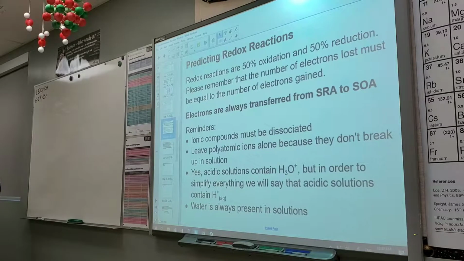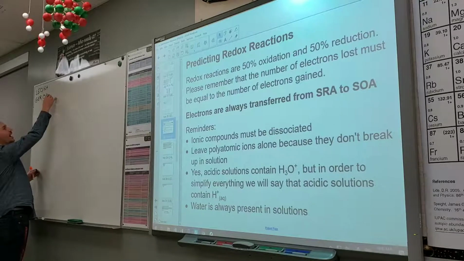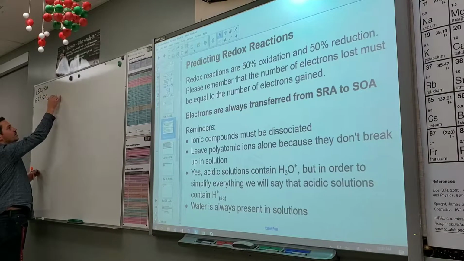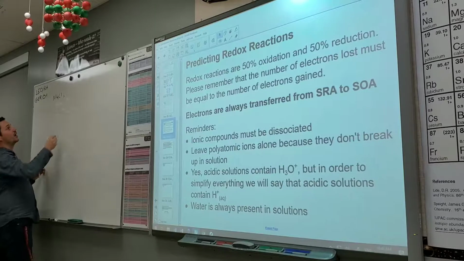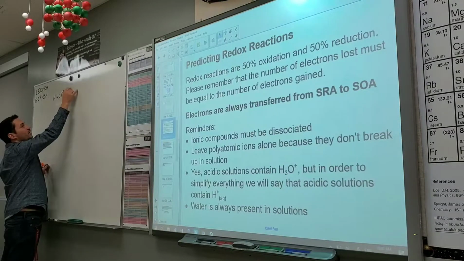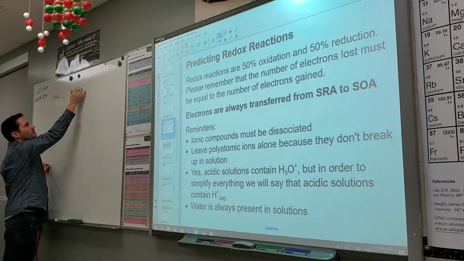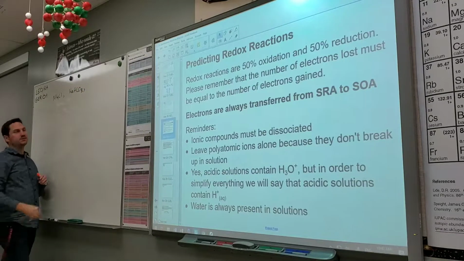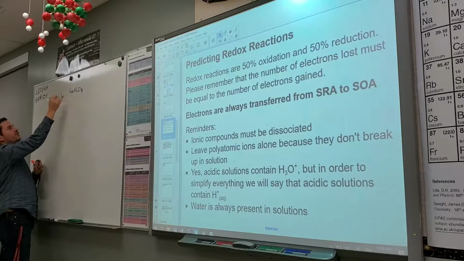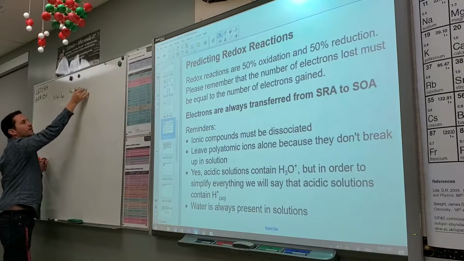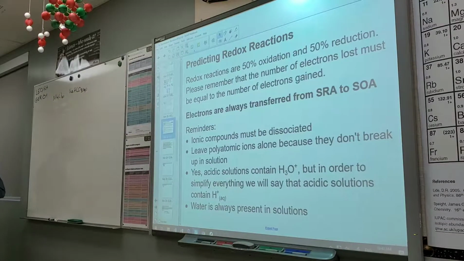If I said you have ammonium chloride, and I'm mixing it in with sodium hydrogen carbonate, and then that's fine. So I've got a solution of ammonium chloride and a solution of sodium hydrogen carbonate.